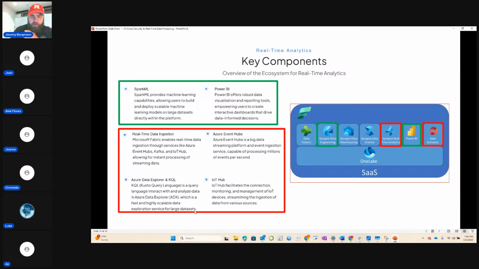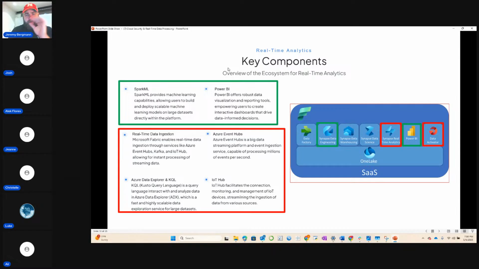And then your Data Explorer and KQL to be able to process that data in real time. Be able to analyze the data in real time or near real time. Fast and highly scalable for data exploration for large data sets in real time.